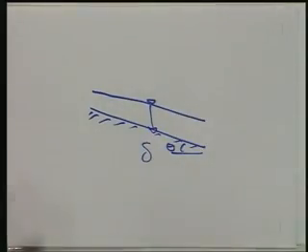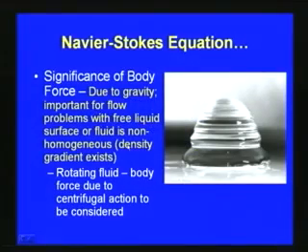This is due to gravity, and it is very important. Also, sometimes the fluid is non-homogeneous. If a density gradient exists, in that case we have to consider the body force.